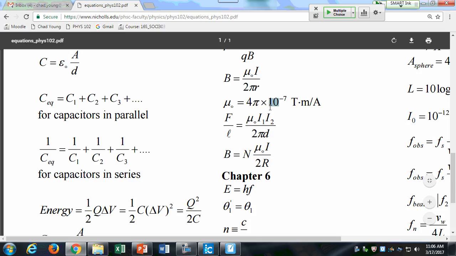I have two wires with I1 and I2 that are separated by this distance. This is D, just the distance between the wires. And then this would give the force per unit length. Yeah, D here and R are the same thing. It's the separation between the wires. All right.